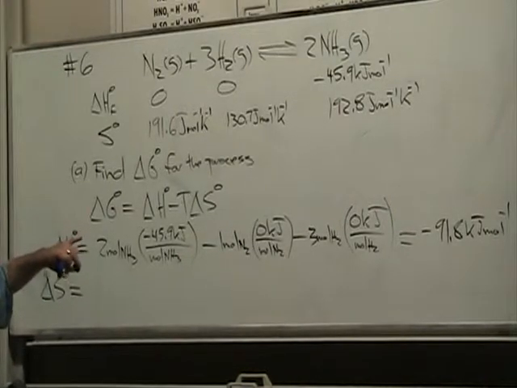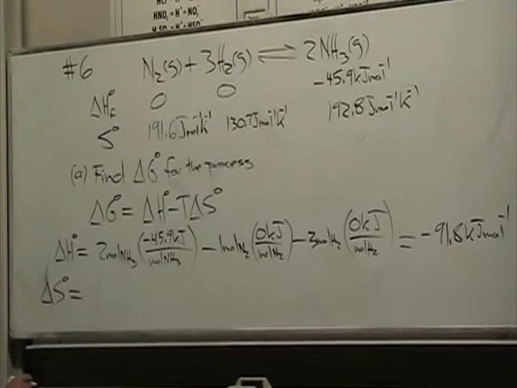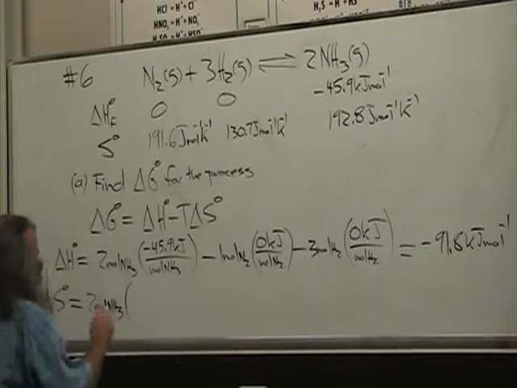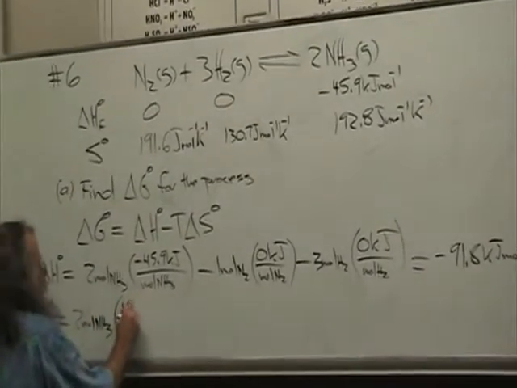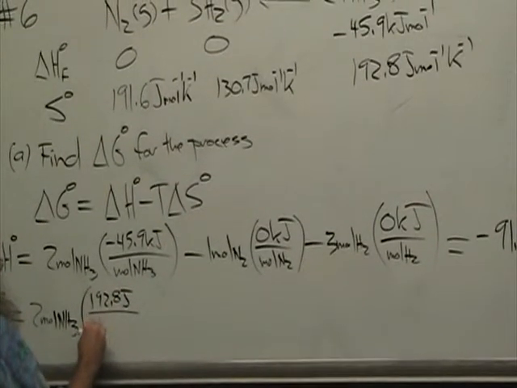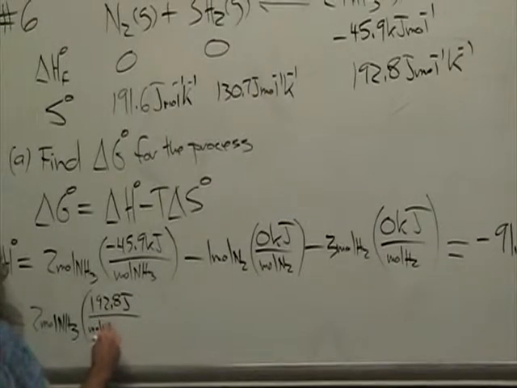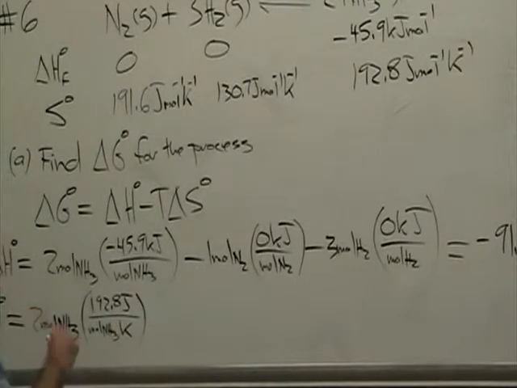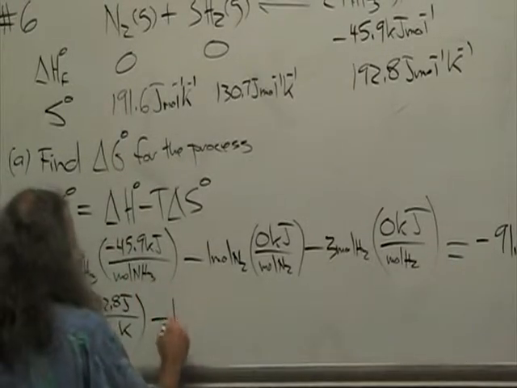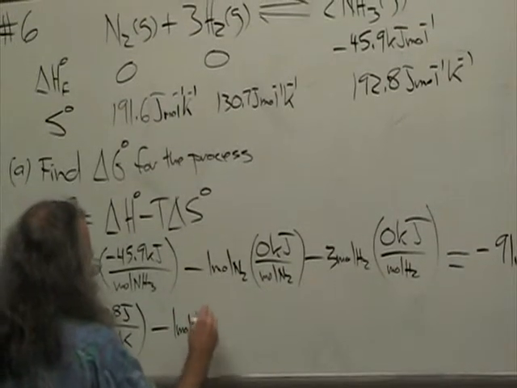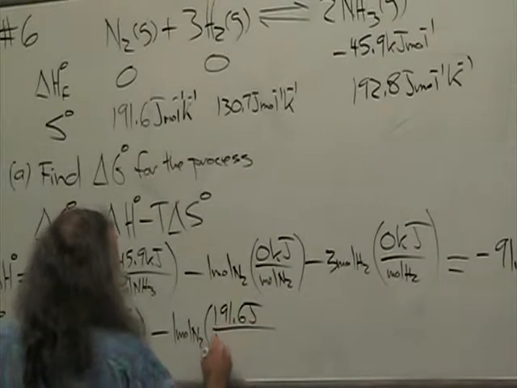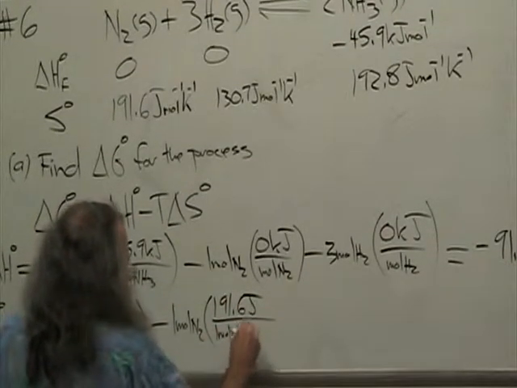Now, delta S naught is going to be equal to, again, 2 moles of ammonia. In this case, it's 192.8 joules per mole of ammonia per K. Minus 1 mole of nitrogen and 191.6 joules for every 1 mole of nitrogen.